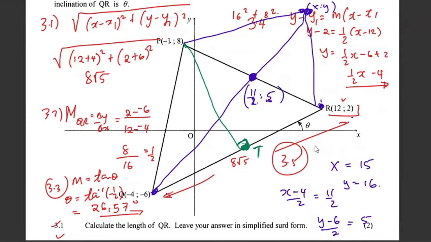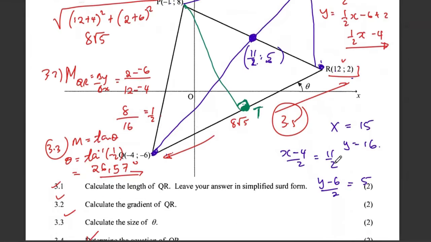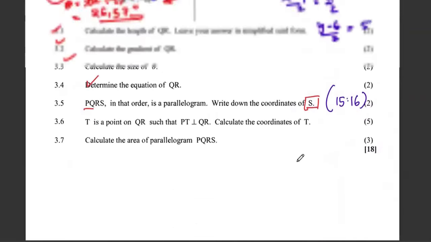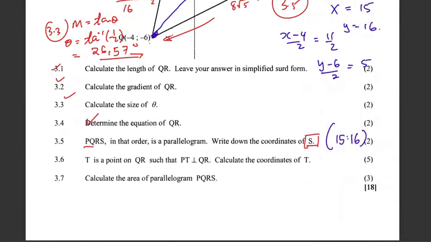Number one, when we multiply the gradients, if I get the gradient of PT multiplied by the gradient of QR, which I already know, I must end up with -1. And then two, I know that the gradient of TR is going to be the same as the gradient of QR because the points are collinear. Then I'm going to use those two equations and solve whatever I need to solve simultaneously. So this is 3.6. Let's try to go there.